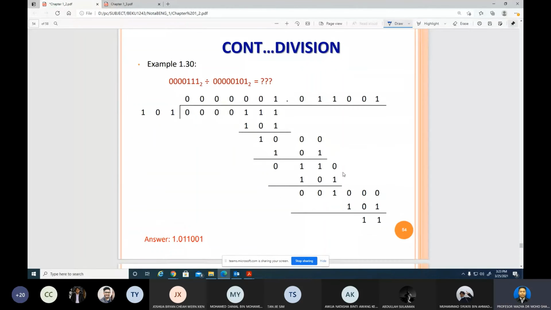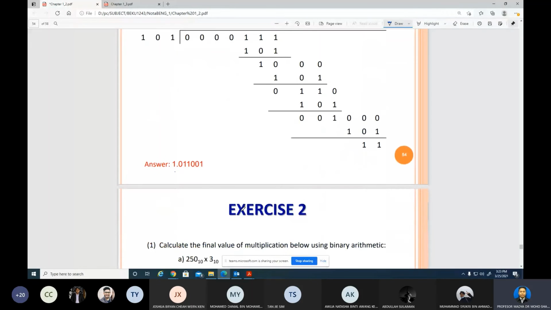This is another example. I will not go through this one in detail. You should try to get the answer, and then double check whether it is correct. Maybe you have some typo or mistake in the answer, that's why you have to double check.